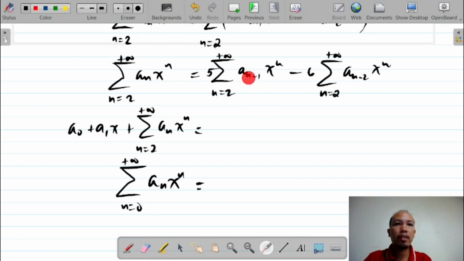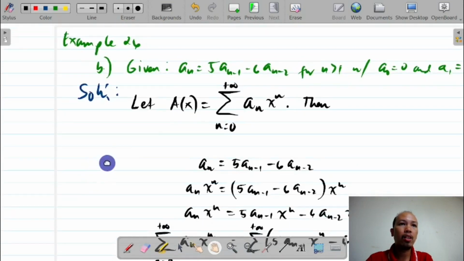How do we solve it? How can we write it in the form A of x, this one here?